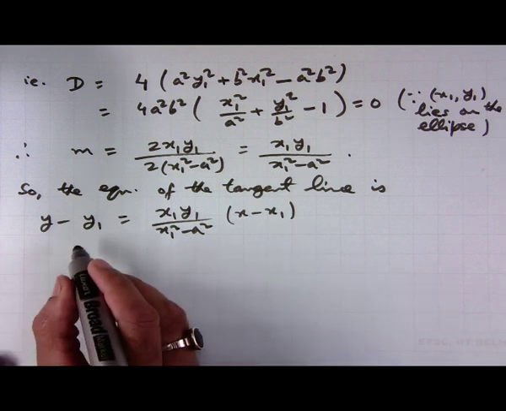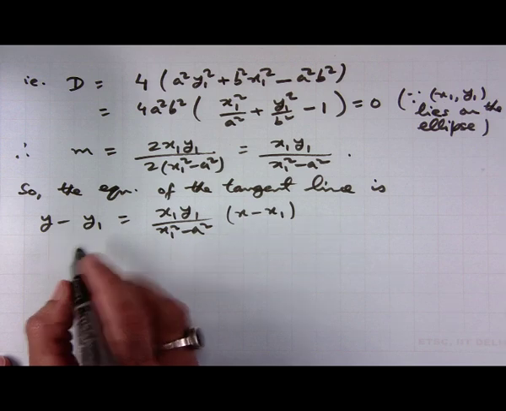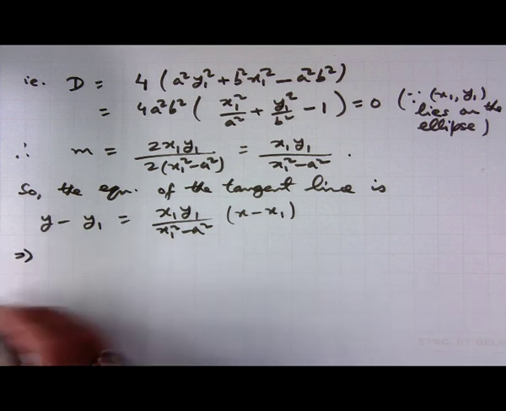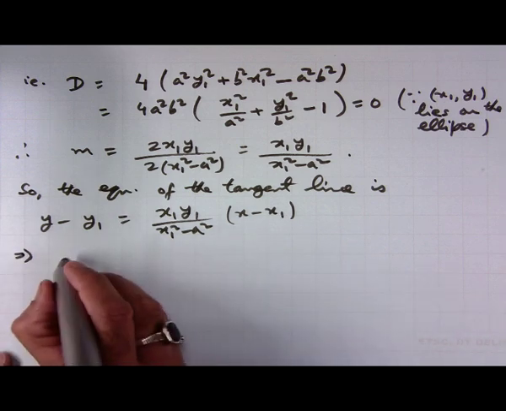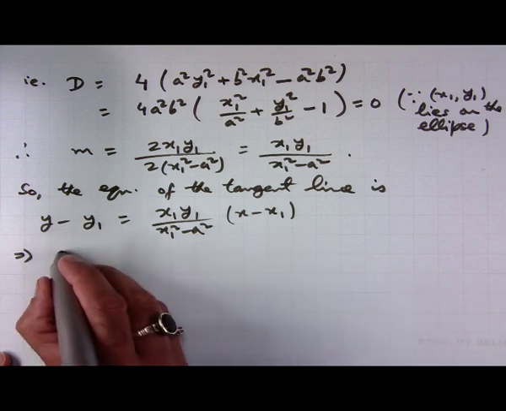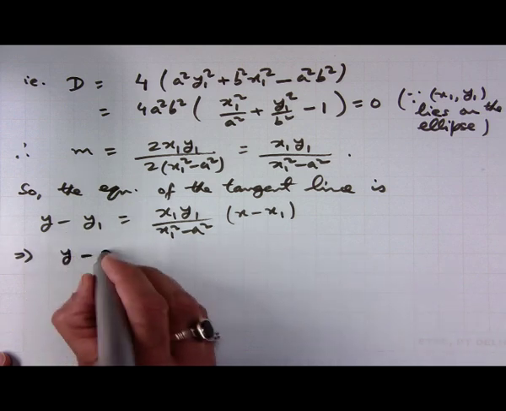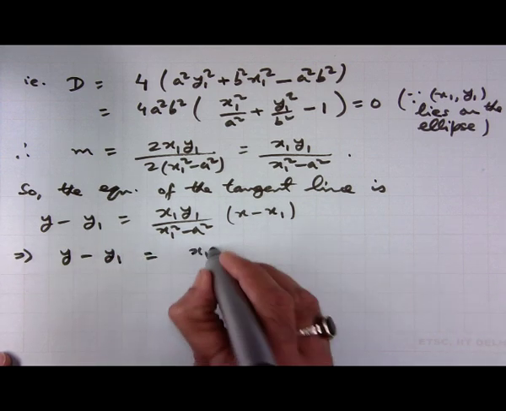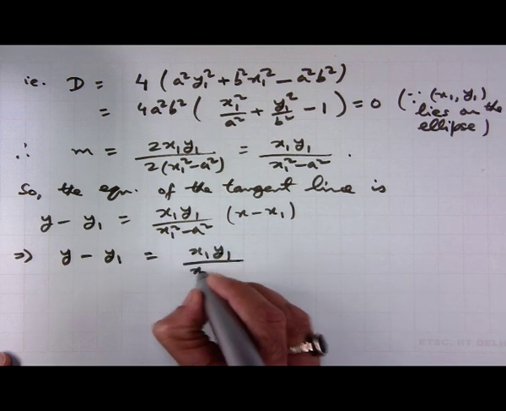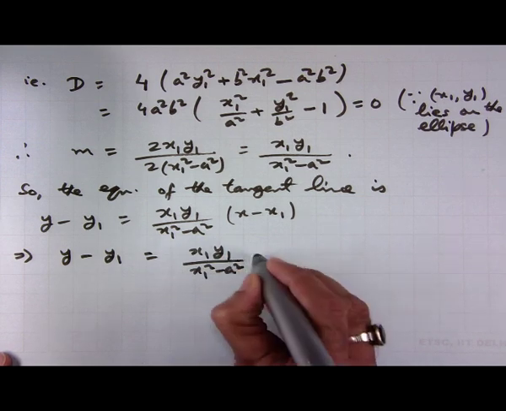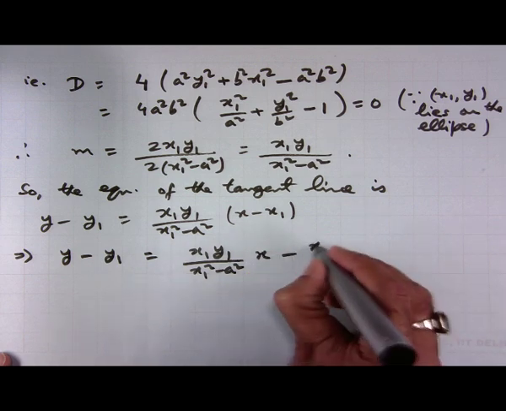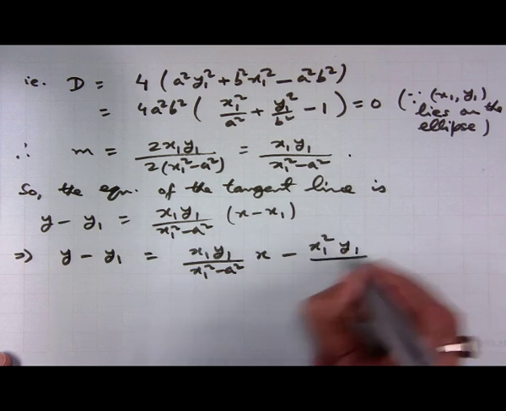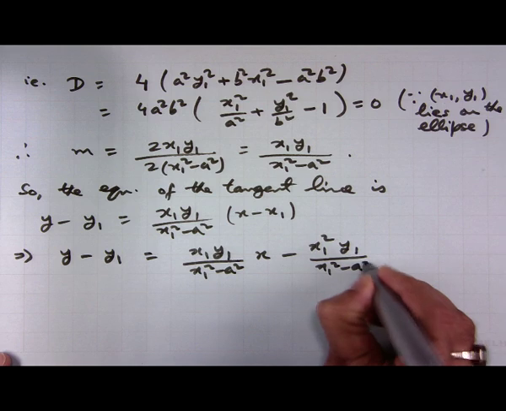And this gives, so we have y minus y1 equal to x1 y1 by (x1 square minus a square) times x, minus x1 square y1 by (x1 square minus a square).